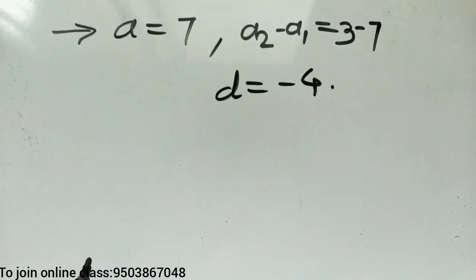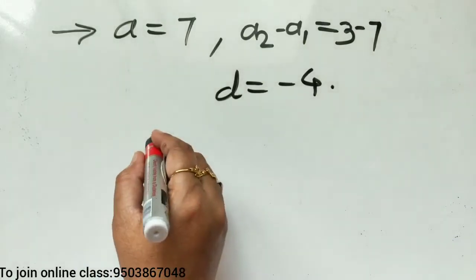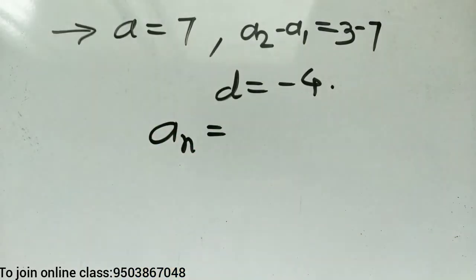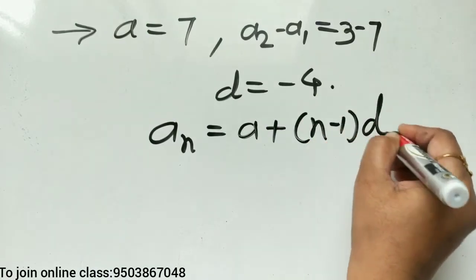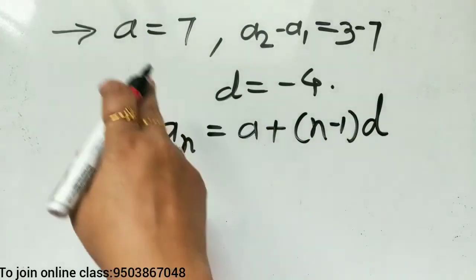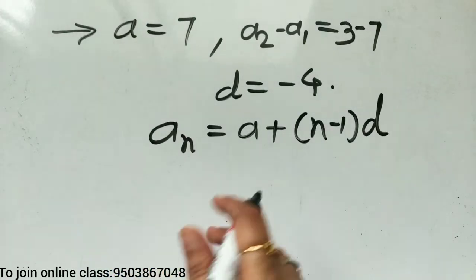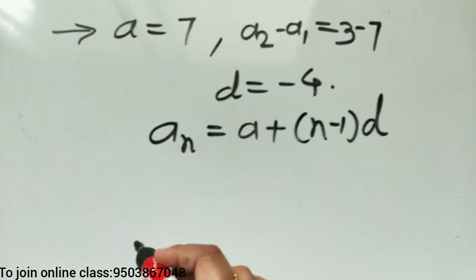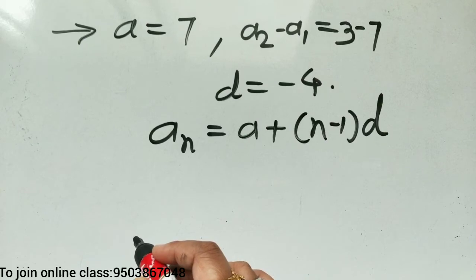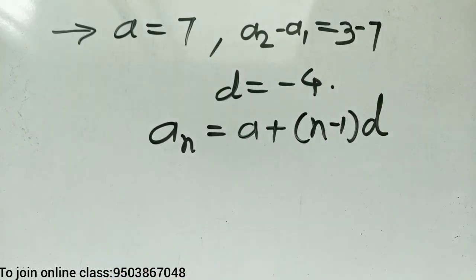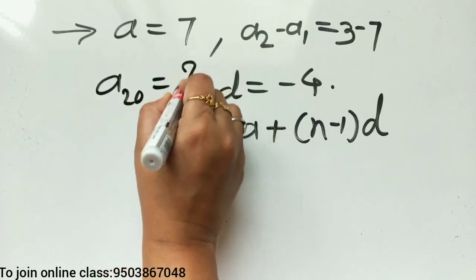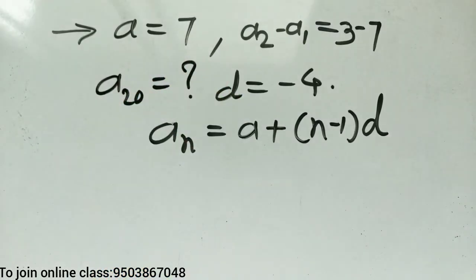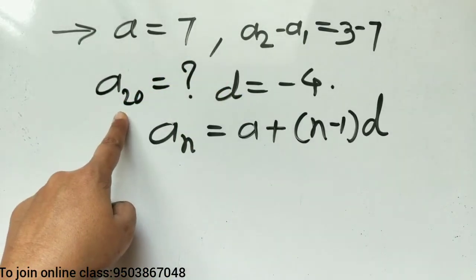Now how to find the nth term? We will write its formula: AN is equal to A plus (n minus 1) D. Let's substitute all the values. What is required in this question? The 20th term, right? So A20 is required, which means we need to find the 20th term.